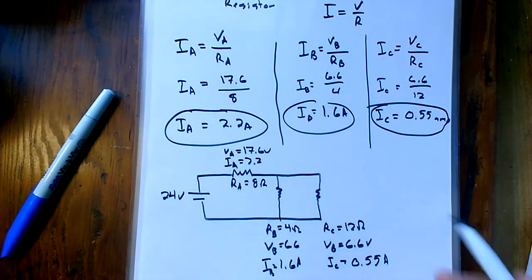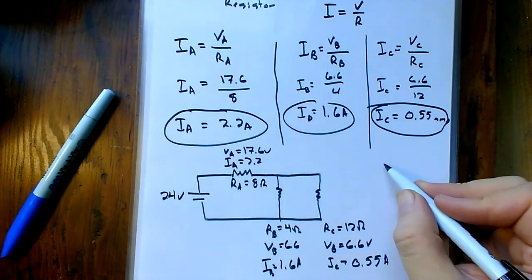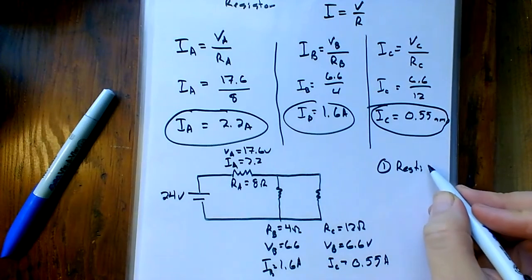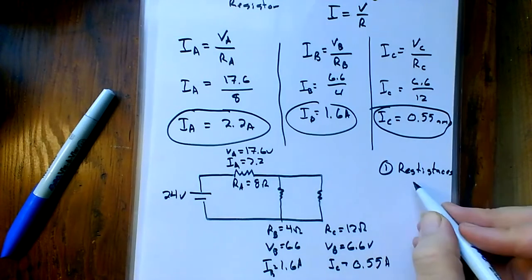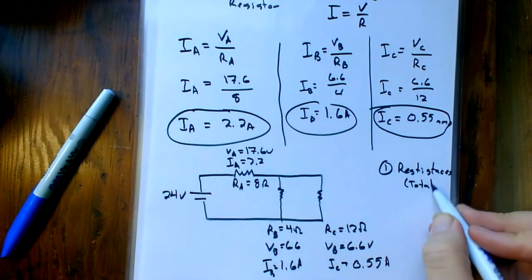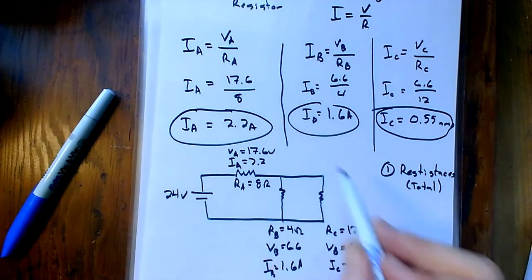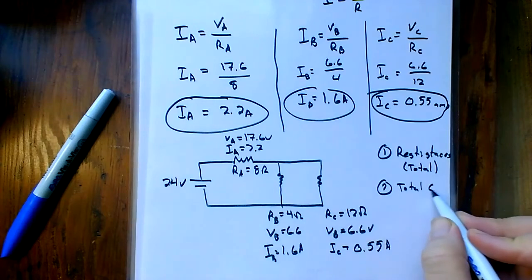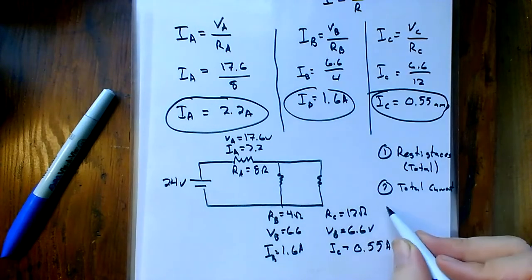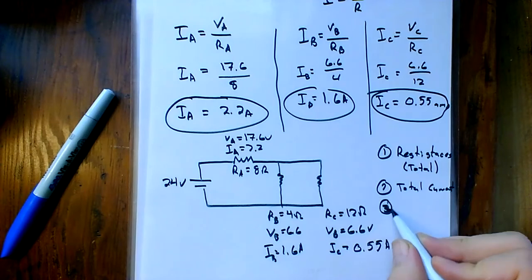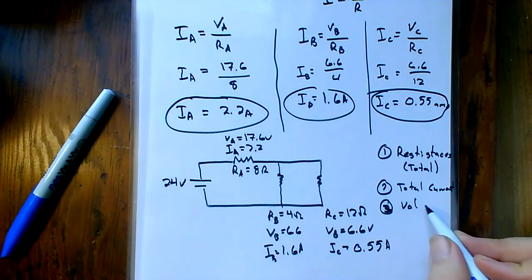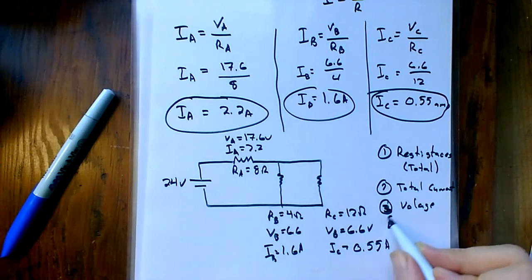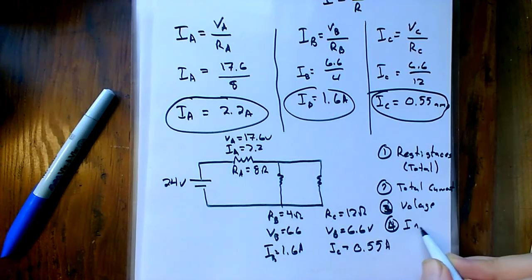So remember, what we did first is we calculated our resistances first, and we found our total and the effective on our parallel. We found our total current. Then we found our voltage drops. And then last but not least, we found the individual current.